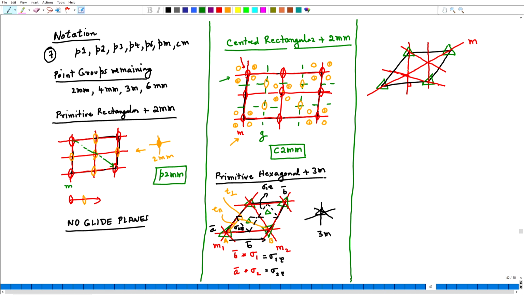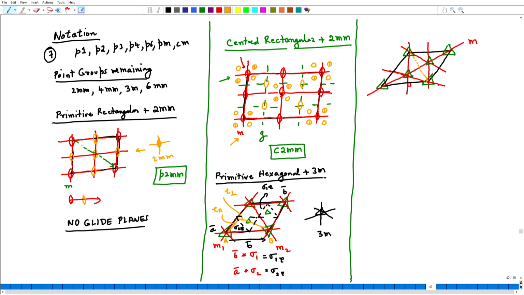As a result, we will also have a threefold out here, and for convenience we always divide this into two equilateral triangles to make this figure clearer. Now, I am going to leave this to you to figure out where the glide planes are located in this. So, you have to work out some mirrors to take.